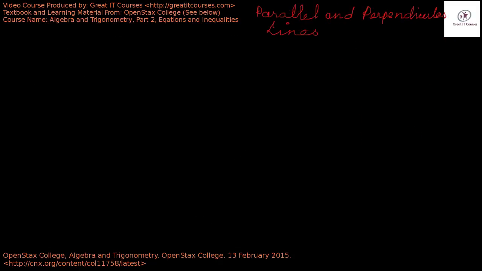And so that basically means that if two lines are perpendicular, the slope of each of those lines is equal to the negative reciprocal of the other line.